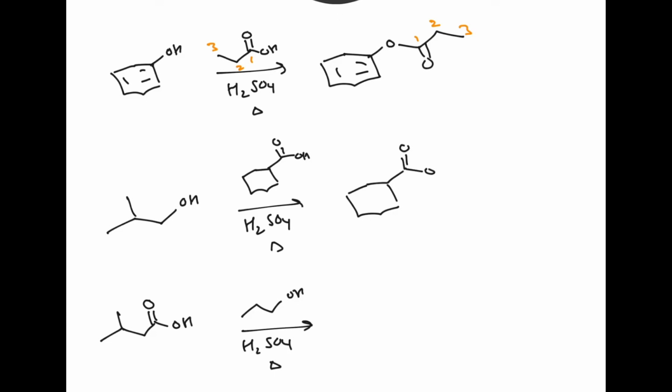And it doesn't matter how you draw it in terms of, hey, I put the alcohol side on the left and the acid side on the right. You can switch it around as long as everything has the same number of carbons, you're good, right? So I lose the OH and then put the oxygen from the alcohol in its place. Also, it doesn't always have to be written as alcohol, acid, product, right?